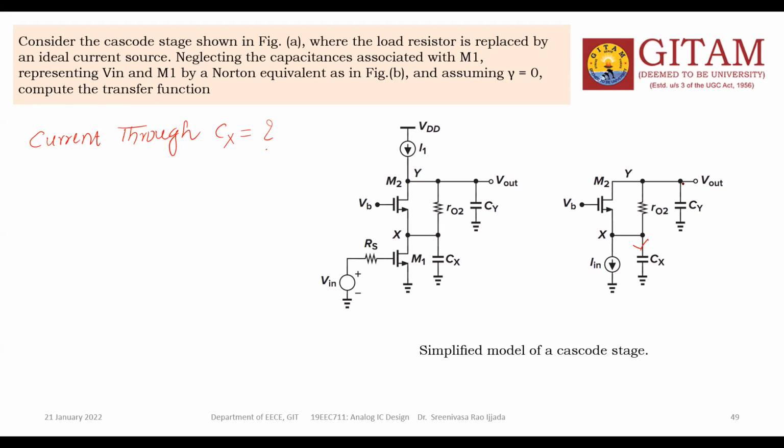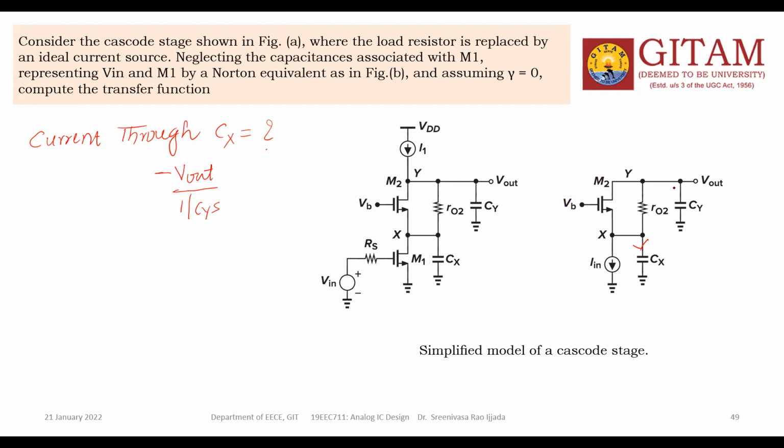This is Vout, and this is the voltage across these two points, because it is grounded and the points are joined. So the current through Cy is minus Vout divided by 1/(Cy s).